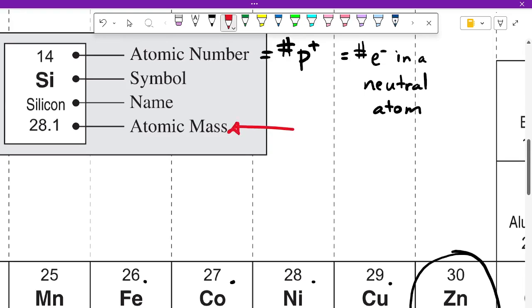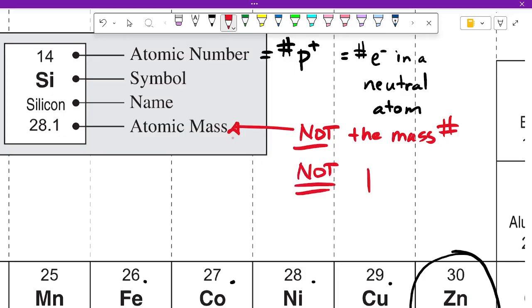There we go. This is not the mass number. It is not the protons plus neutrons. And if you look at silicon, how could it possibly be the number of protons plus neutrons? It's got a decimal.